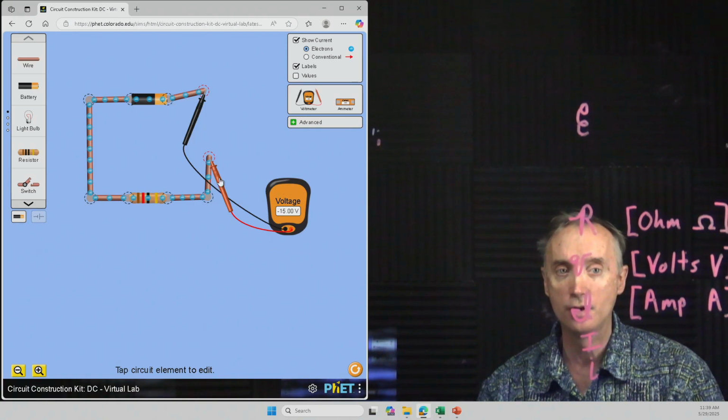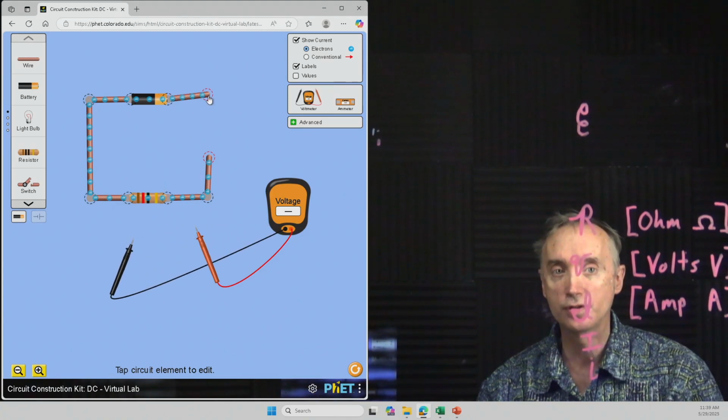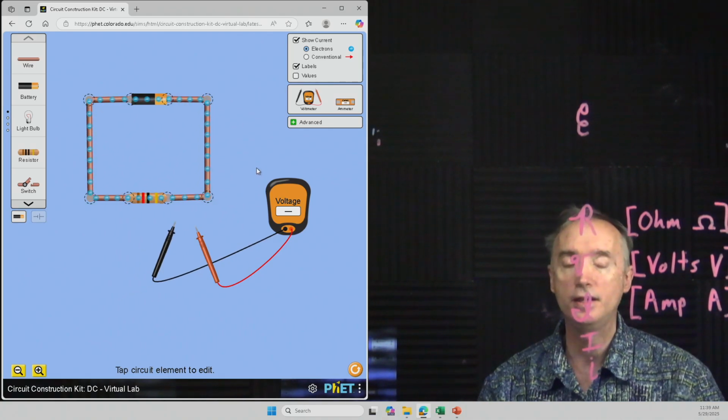So you'd never want to open the circuit whenever you are measuring a voltage. So always keep it closed, and then all you got to do is take the two probes and put them across whatever you want.